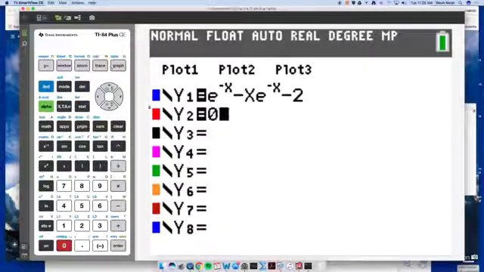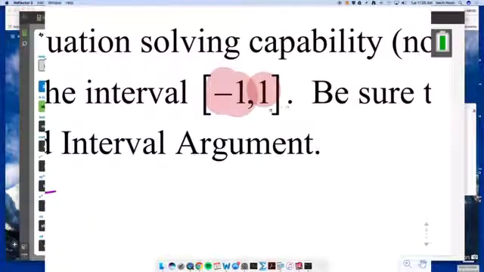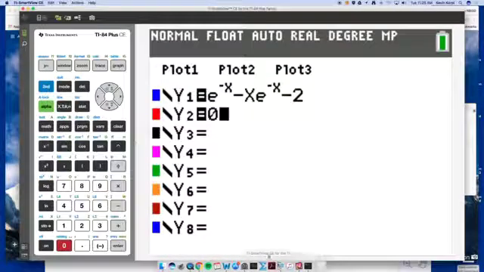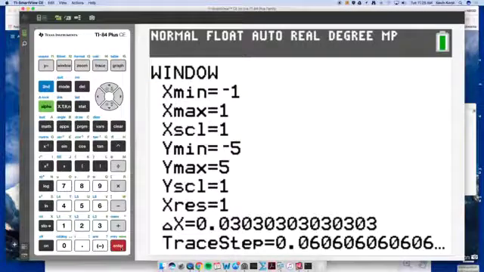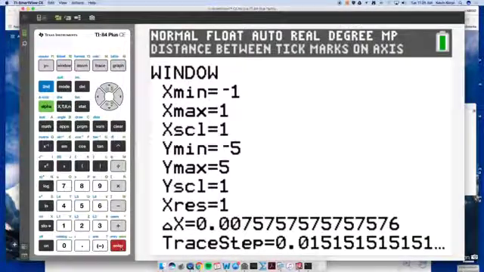Now, we want to make sure we're only finding the critical values that live in the interval from -1 to 1. So on a calculator, you have the advantage of being able to specify your window. So let's specify the x-min to be -1 and the x-max to be 1. That way we're not even tempted by other critical values outside the interval, right? If you don't know they're there, you're not even tempted by them.